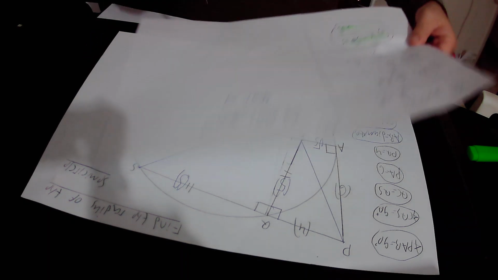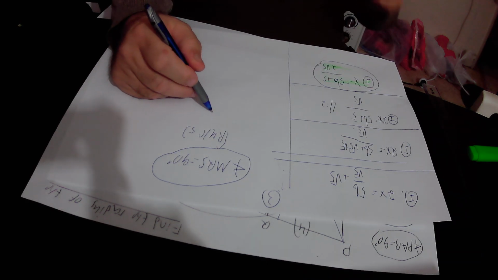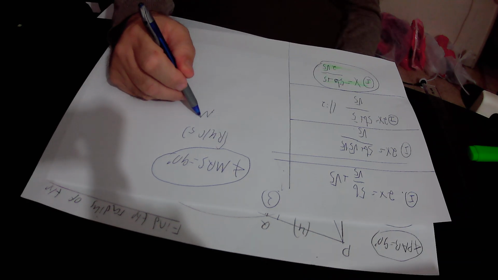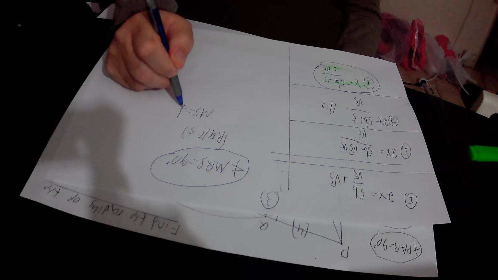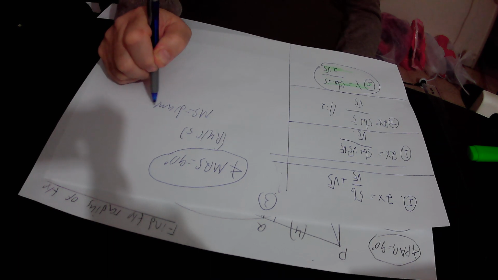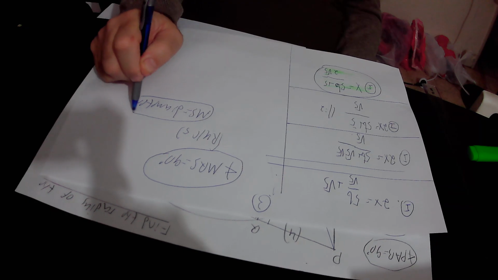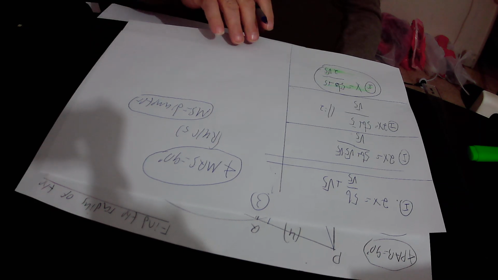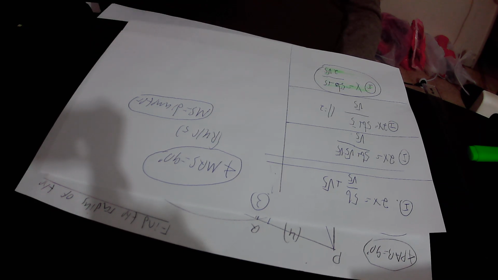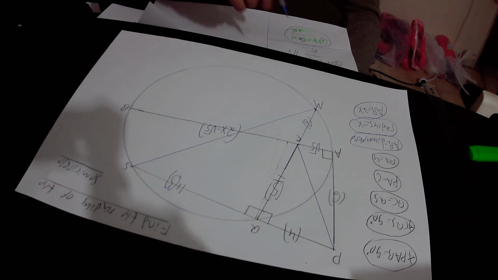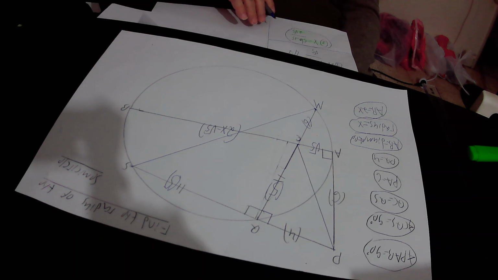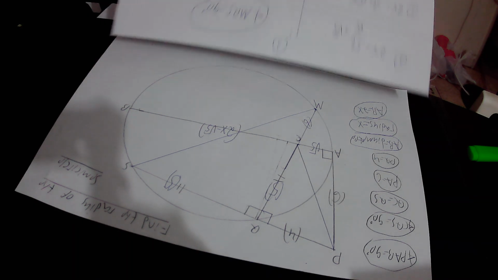So I will write it down. According to rule number 5, MS is the diameter of the circle. According to our definition, the radius of the circle is x, therefore the diameter MS must be equal to 2x.